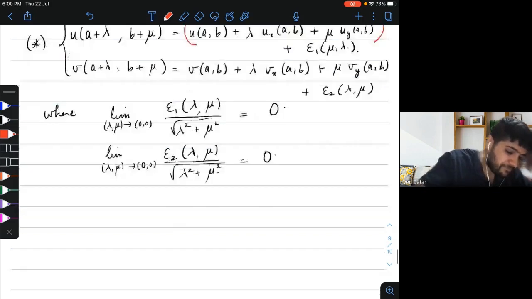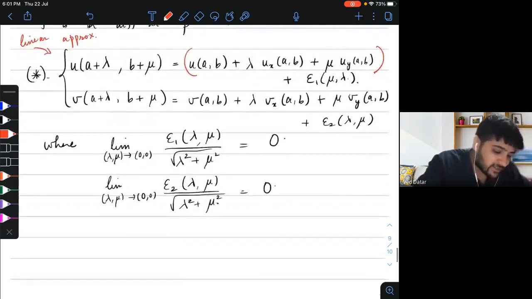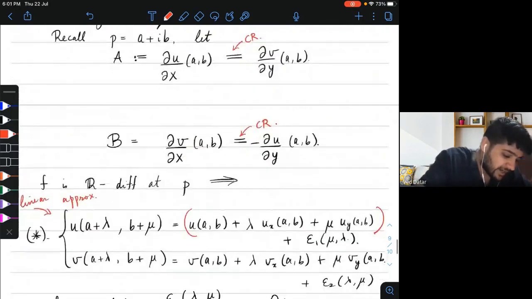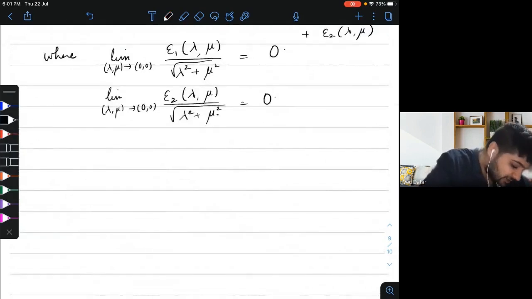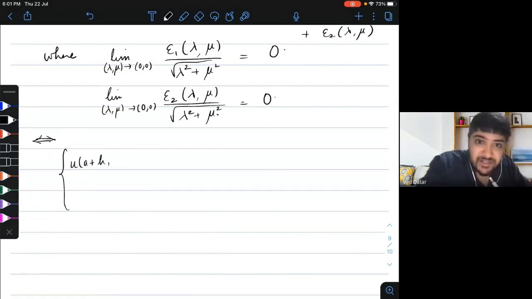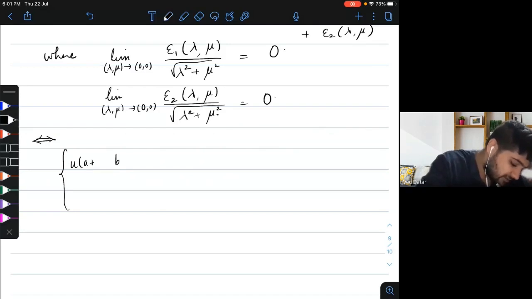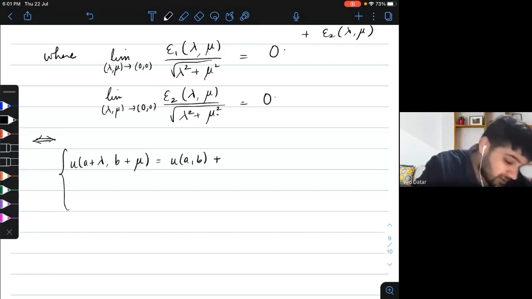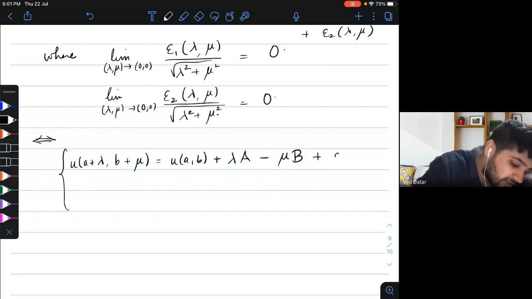Let me rewrite this in terms of these numbers a and b. This system is equivalent to the following system. u of (a plus lambda, b plus mu) is u of (a, b) plus lambda times a minus mu times b plus this error term.